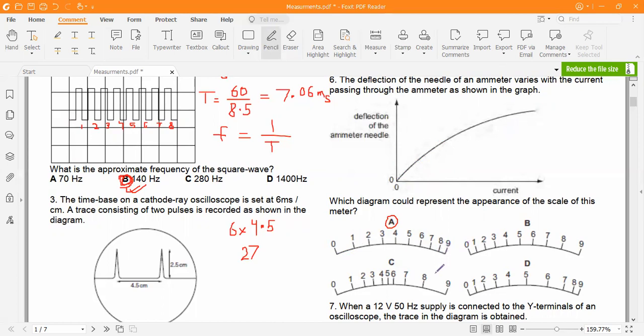So the needle will have to deflect very little to go from 8 to 9. If 8 is over here and 9 is over here, you see that deflection is very little. So using this axis in A will allow us to measure the current accurately. So this will be A.